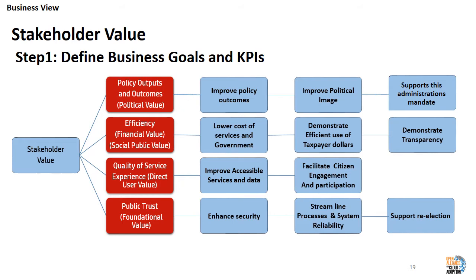This is the ability of the people to feel secure that their government is doing a good job and it supports re-election. When developing an IT strategic plan for a government, one must define the goals in one of these 4 areas. A hybrid IT strategic plan must clearly support the government's ability to influence one or all of these 4 areas.